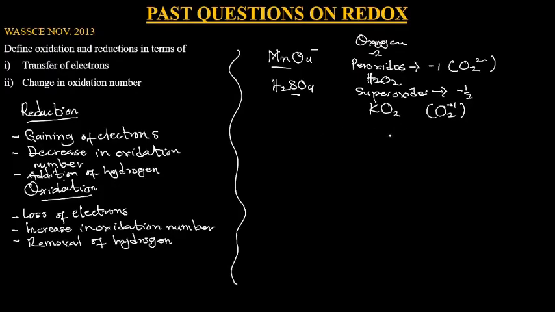And what about hydrogen? For hydrogen, generally it has an oxidation state of plus 1. It has an oxidation state of plus 1 in most of its compounds, with the exception of hydrides of some metals like group 1 metals.